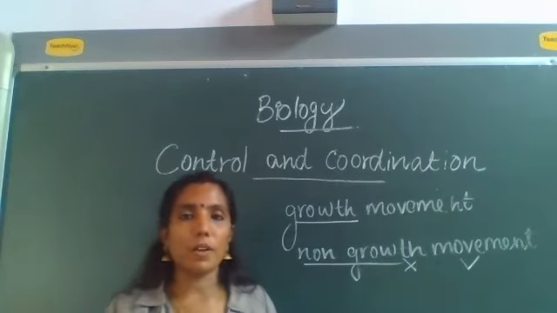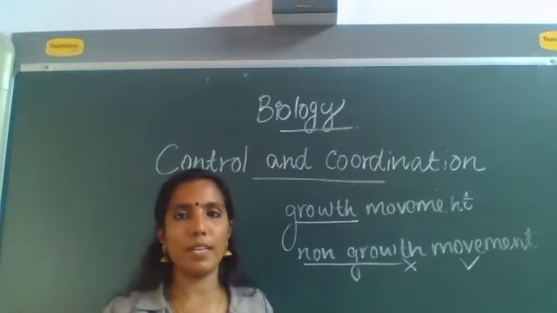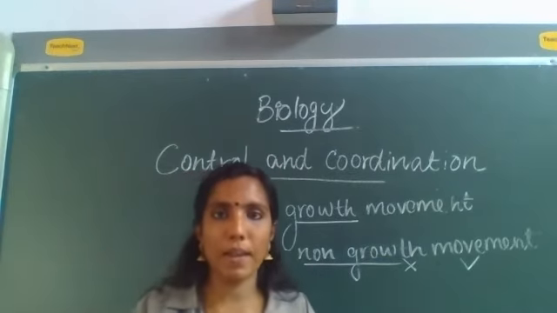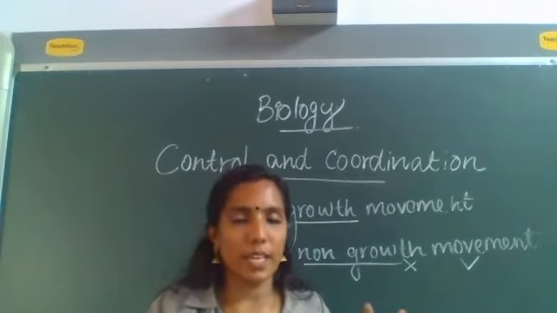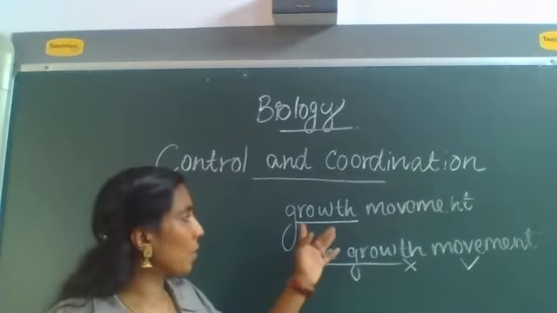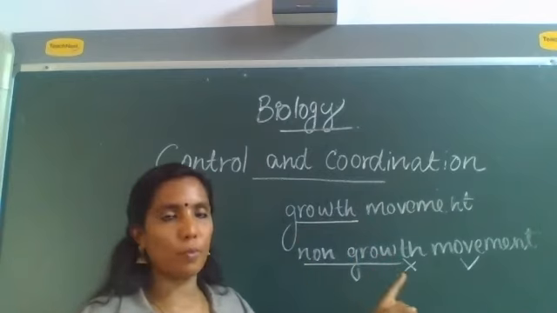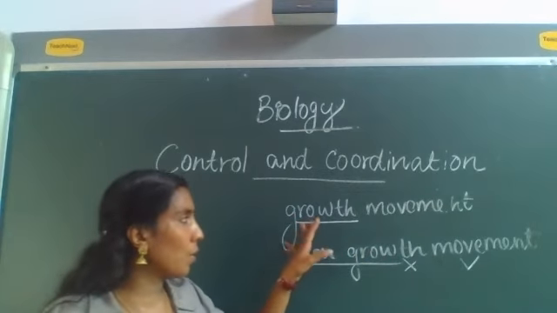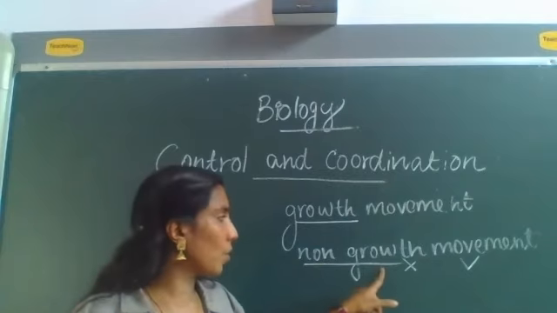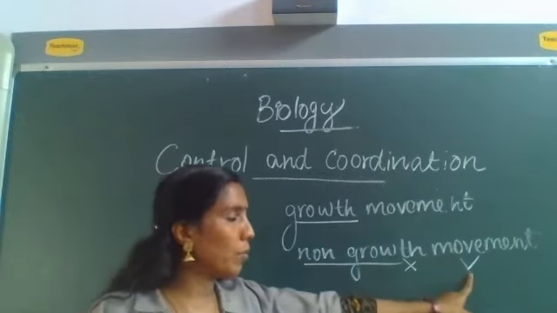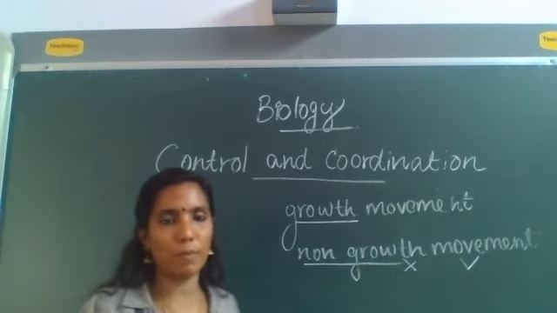That is happening because of movement. Growth is not happening, only movement is happening. So there are two types of movements: growth movement, where growth and movement both happen, and non-growth movement, where only movement happens. Example, touch-me-not plant.